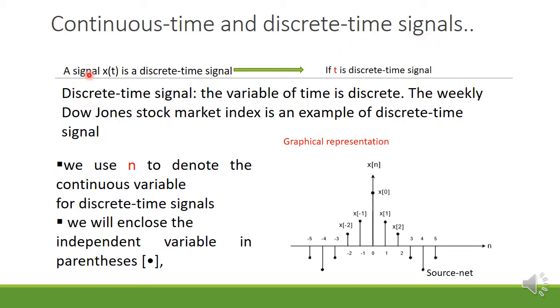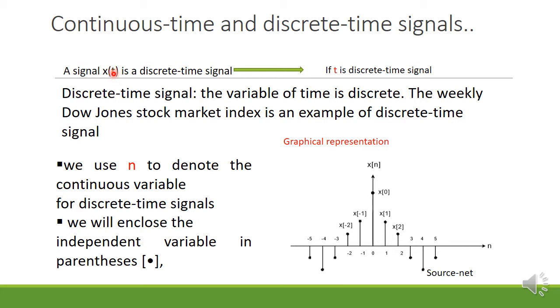Another point is that discrete signals are represented using n, and we use square brackets to represent this discrete time. Don't confuse: whenever we use t, it is a continuous time signal.